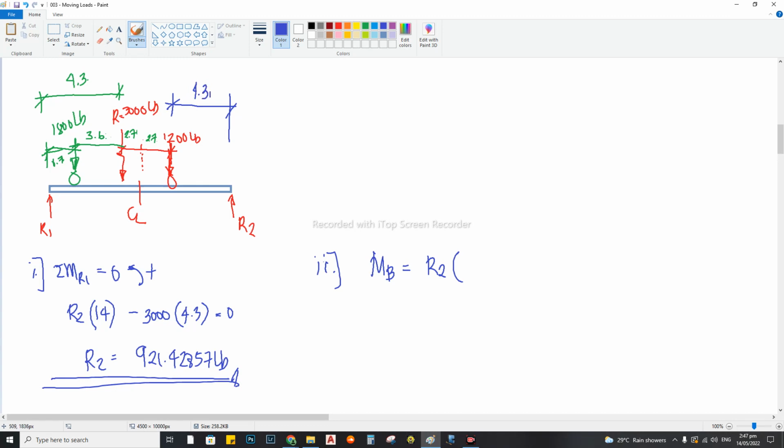This is still 4.3 feet. So times 4.3. Our maximum bending moment at B or reaction 2 is, let's na 921.42857 times 4.3. We can obtain that that will be 3,962.14 pounds.